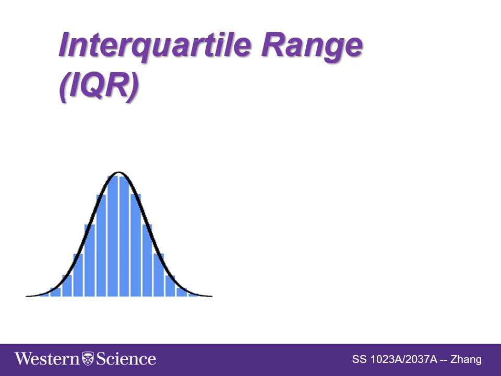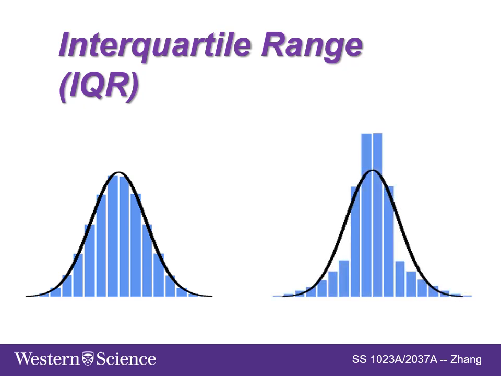For example, if our distribution is more clustered around the center, which looks like this, we would also expect a smaller interquartile range for the new distribution than the original one. So the IQR basically measures how dense the data points are between Q1 and Q3.